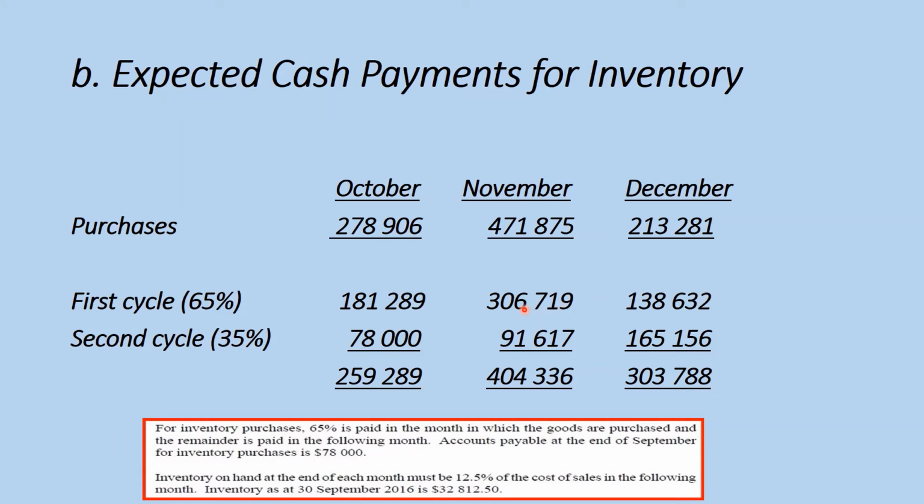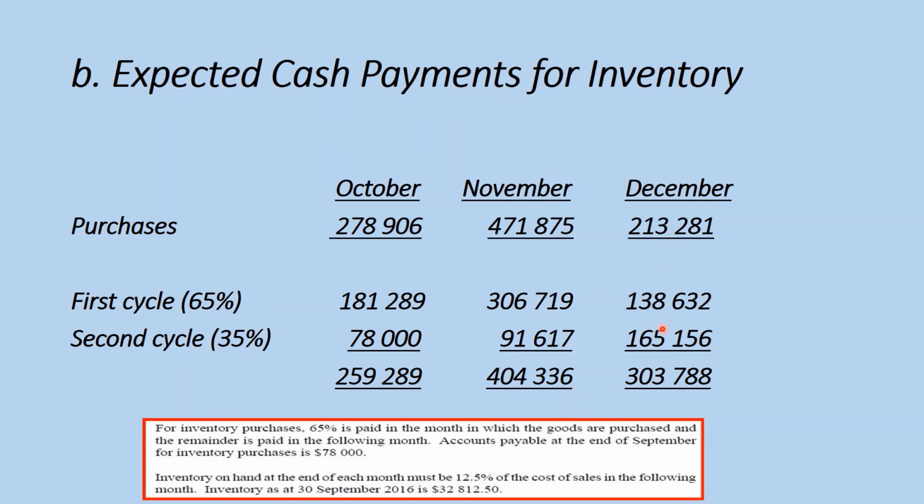In November, the 65% from here plus the 35% from there, the second cycle, which is 91,617, we add the two together, and we get 404,356 for the payment in November.